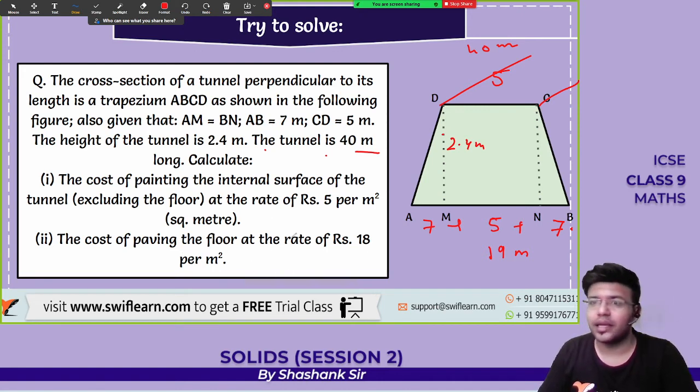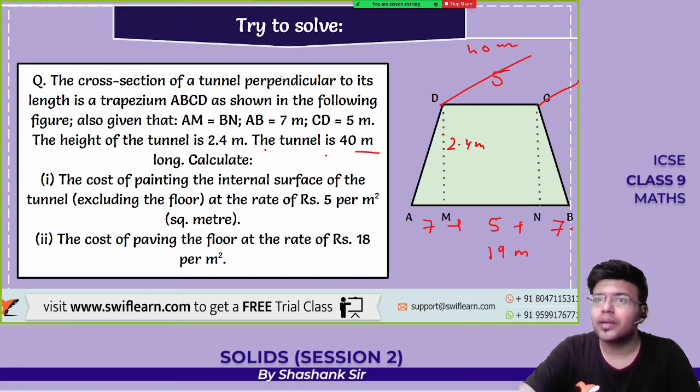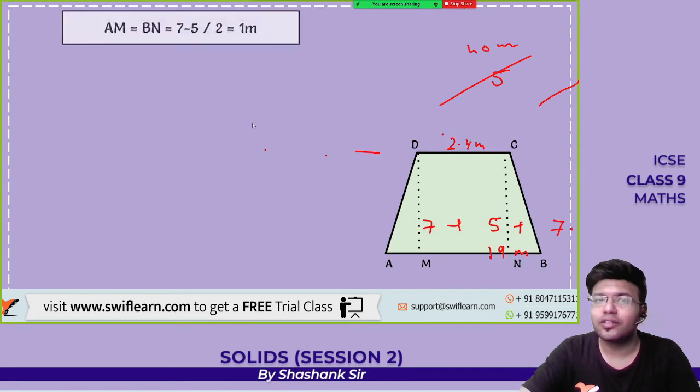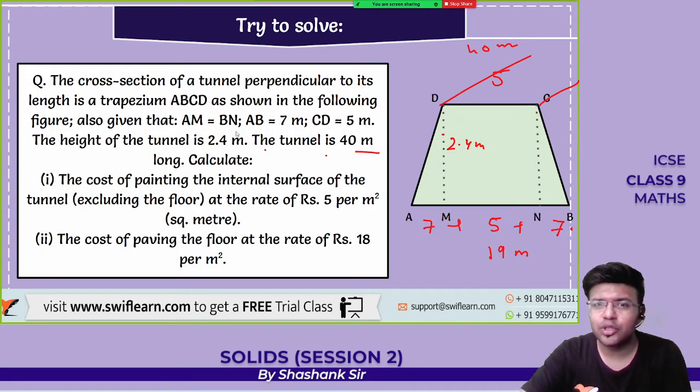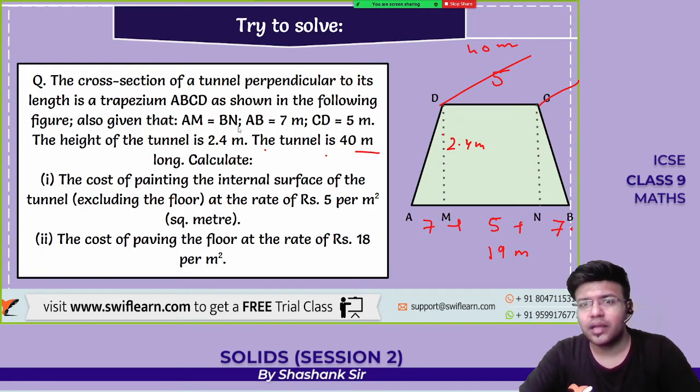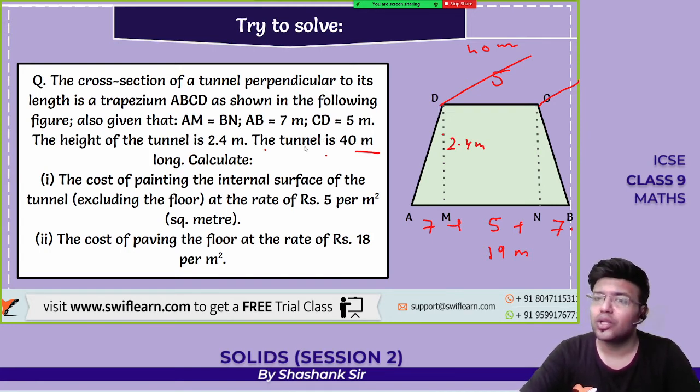Now see this. Find the area. AM and BN are equal. They are not 7. They have not said it as 7, I wrote it 7.